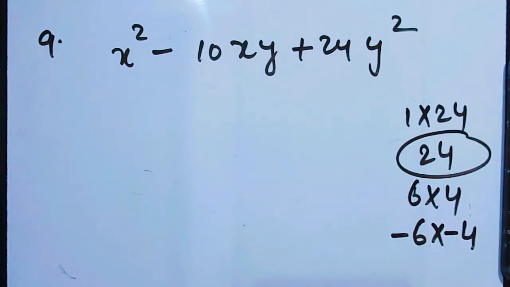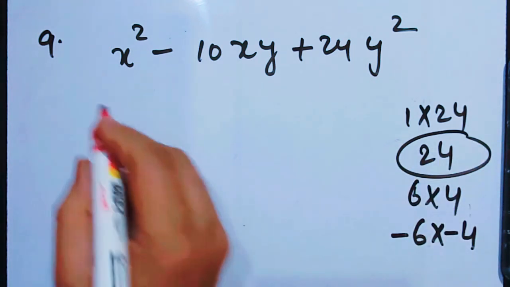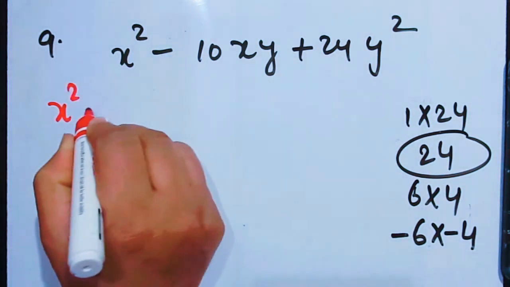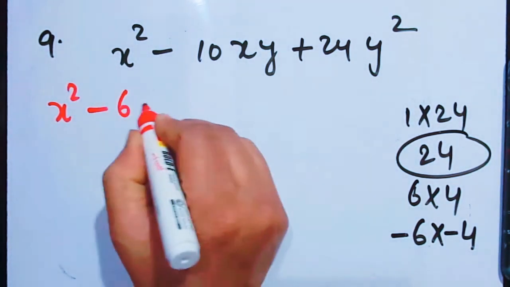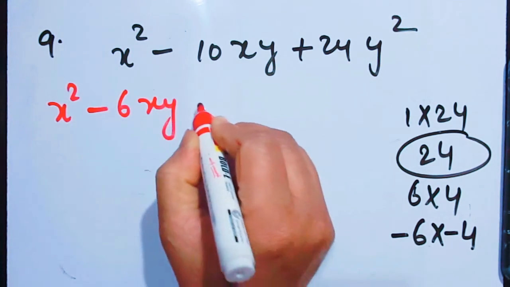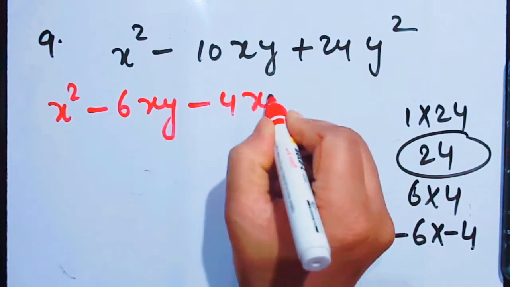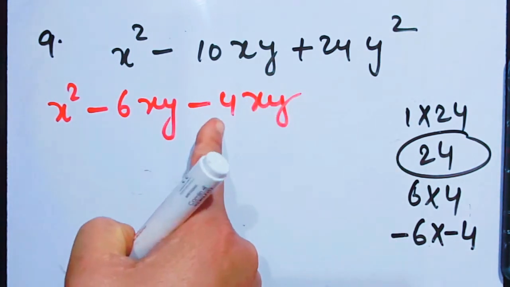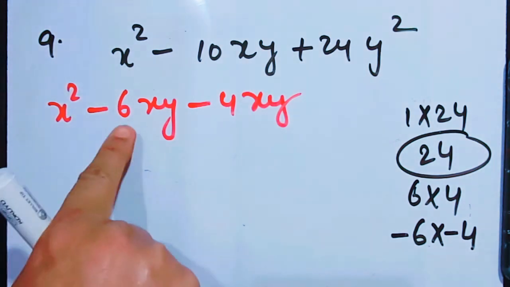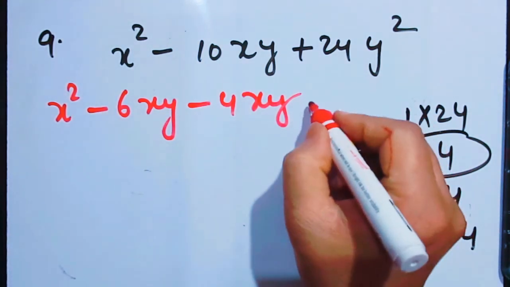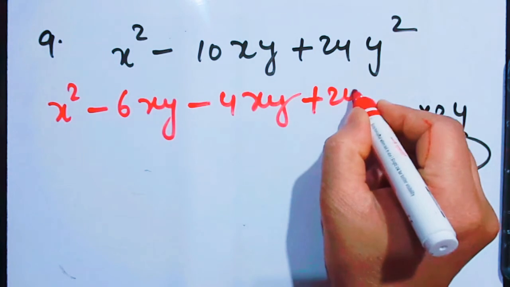So what I find is that this can be replaced as x square minus 6xy minus 4xy plus 24y square. You can take either of them, minus 4xy before or minus 6xy before, the value will not change.